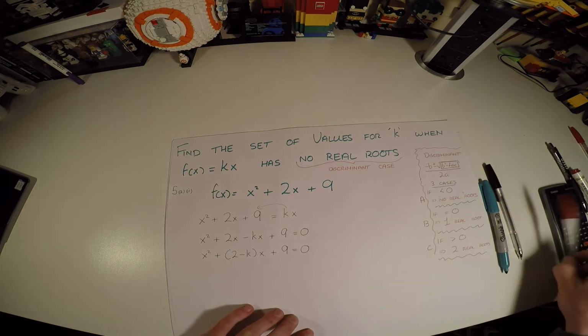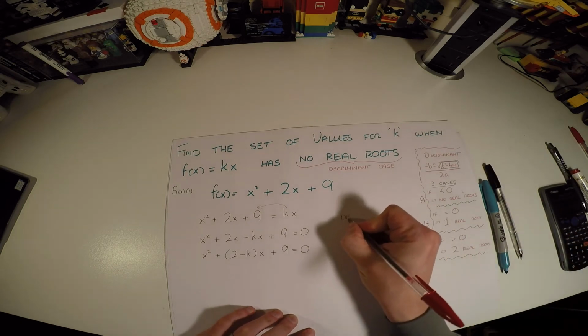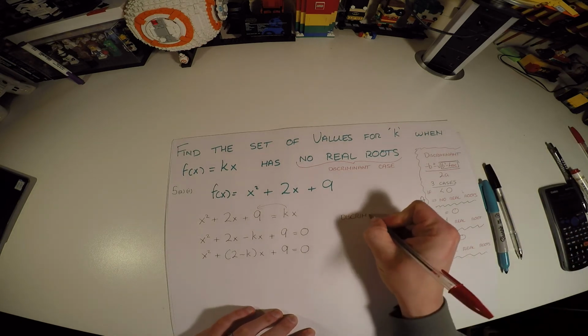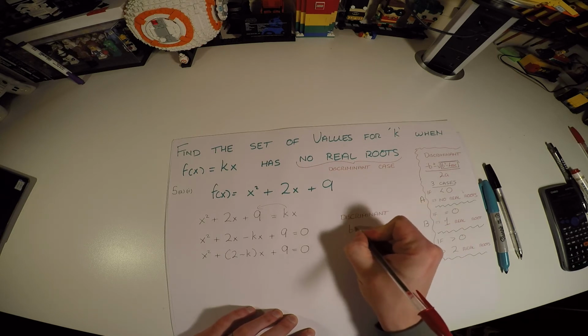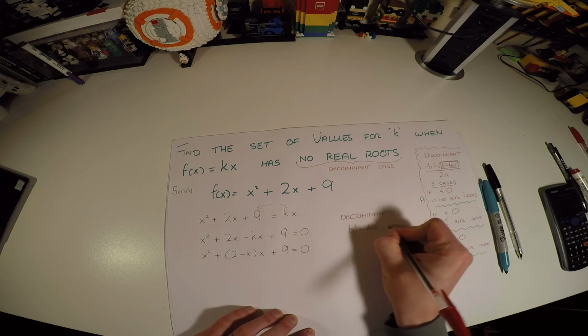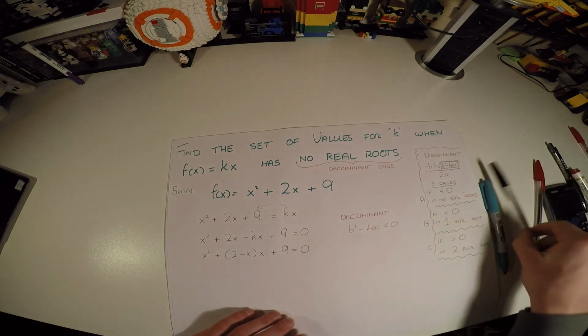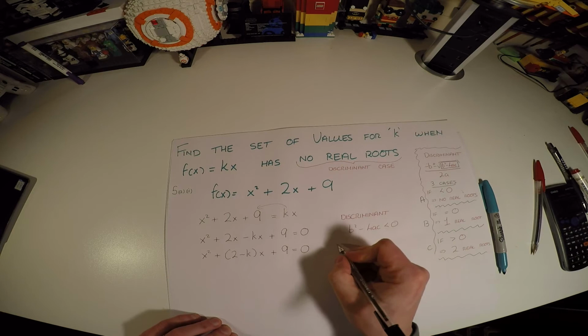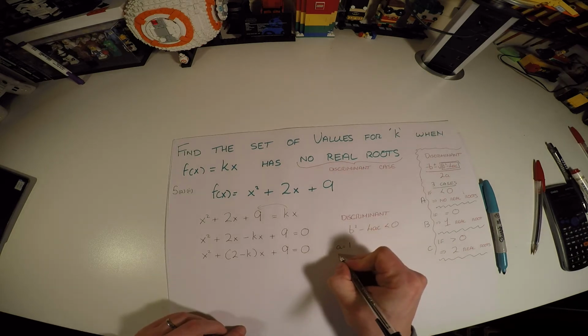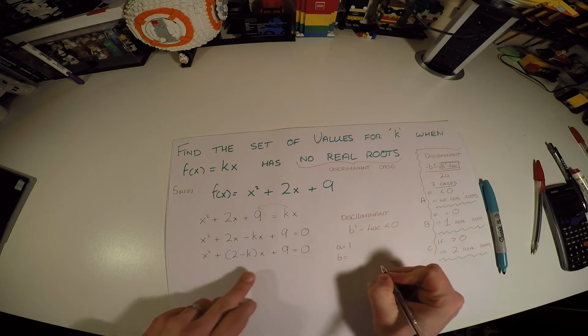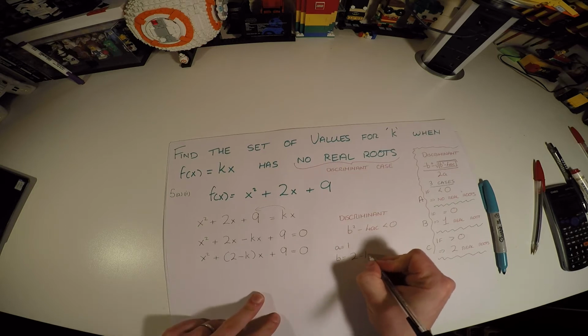Now, remember, for our discriminant, we are only looking for the b squared minus 4ac part to be less than 0. So what's our a, b and c here? Well, our a is our coefficient of x squared, as always, which is 1. Our b is now our coefficient of x, which is 2 minus k.